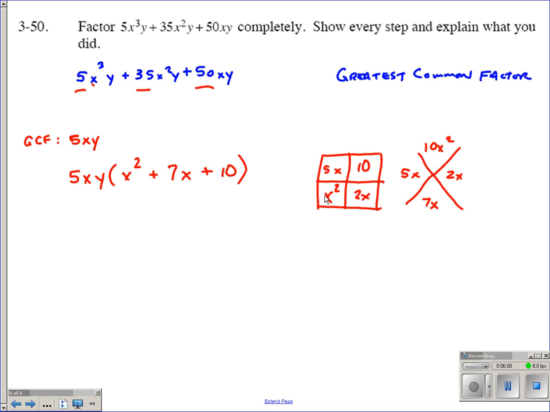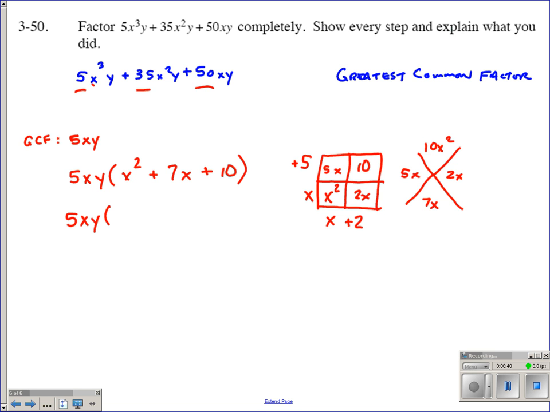If we have 5 and 1, there isn't a common factor besides 1, but we have x and x squared, so we know x goes into both of those. x times x gives us x squared. x times 5 gives us 5x, and x times 2 gives us 2x. This all makes sense because 2 times 5 gives us a product of 10, and it does. So we still have our greatest common factor out in front, and we've factored our trinomial into two binomials.